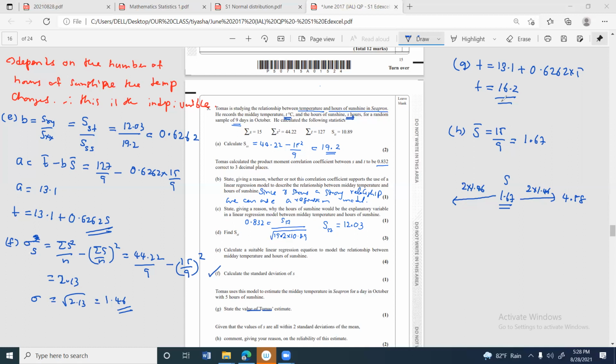That means this value won't be reasonable as an answer. So you can say the value does not fall within 2 standard deviations from the mean. Therefore, it's not reasonable. That's a fact we need to understand with this question.